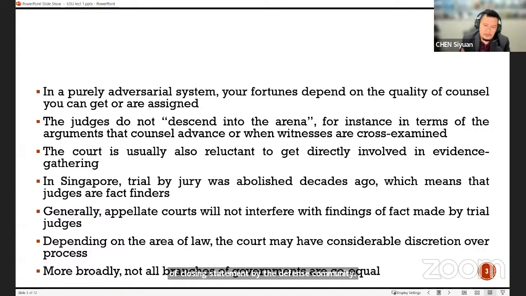But when I say not all branches of the government are co-equal, Singapore is often described as having some supremacy vested in the legislature. So in other words, Parliament, right? Parliament sits on a slightly higher plane than, say, the judiciary or the executive.